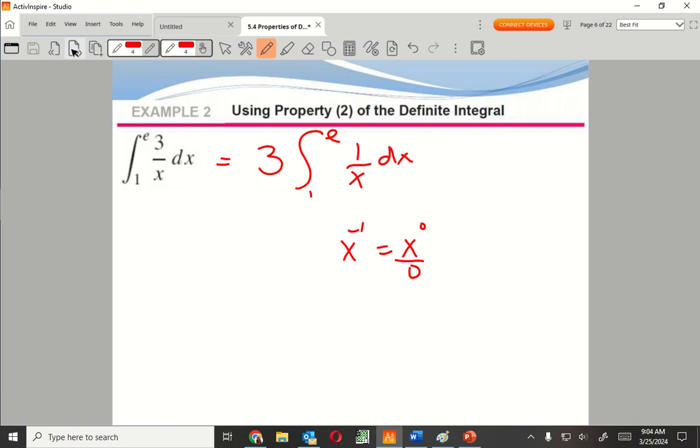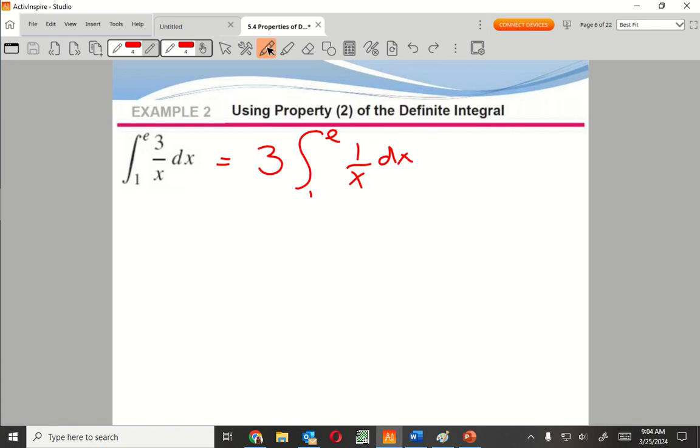Slide number 7. What is it? Is it absolute value? Yes, ln absolute value x. There you go. Okay, so you did do it. We were doing it.